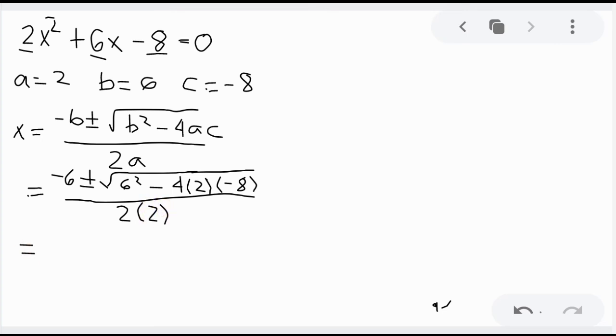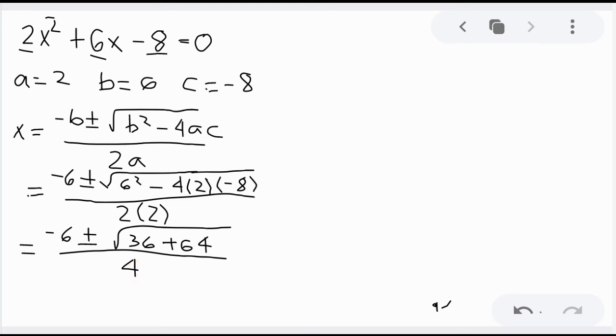Now let's simplify the equation. We have negative 6 plus or minus the radical sign of 6 squared, which is 36, minus negative 4 times 2, which is negative 8, times negative 8, which is positive 64, all over 2 times 2, which is 4.